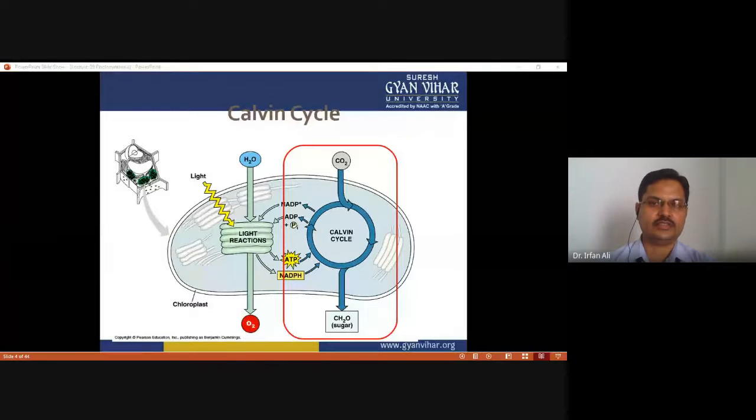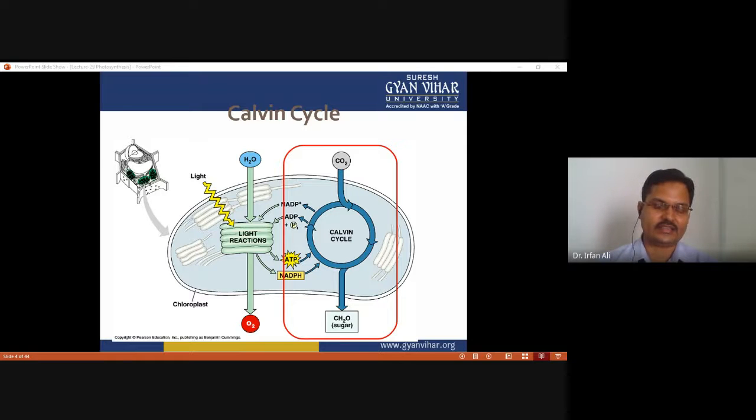So this figure shows photosynthesis. You have to clearly observe that there are two separate phases. The first one is the light reaction, which produces ATP and NADPH, as clearly indicated in this figure.